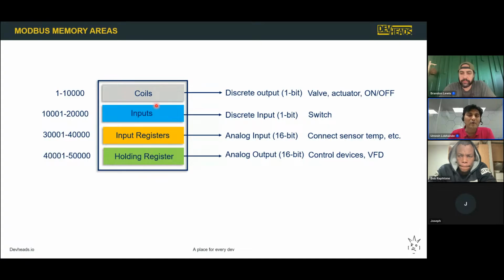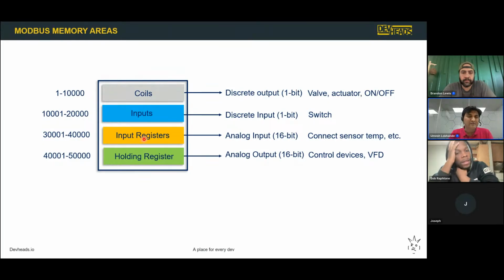Now, whenever you make a certain device Modbus compatible, the coils will have a special address that starts from 1 to 10,000. So when you assign a memory into the device, it will be very specific, from 1 to 10,000. When it's a discrete input, your memory address starts from 10,001 to 20,000.